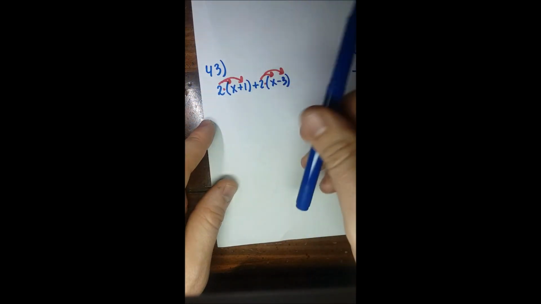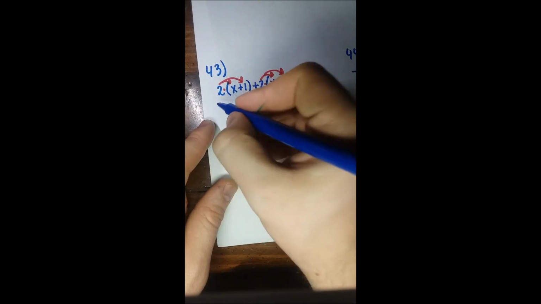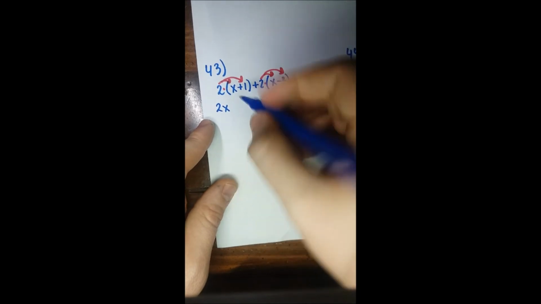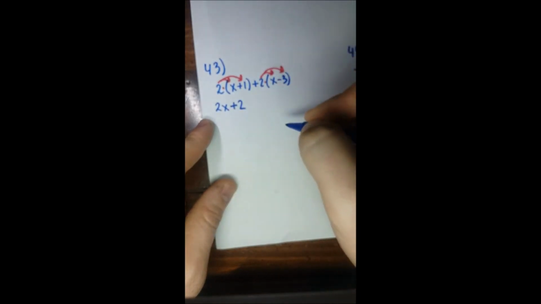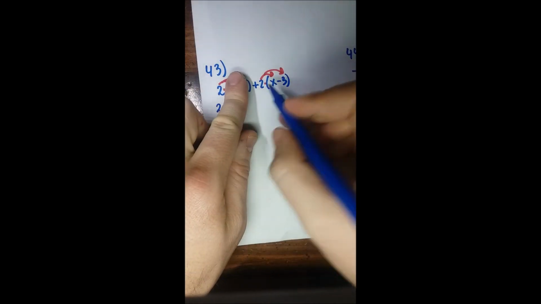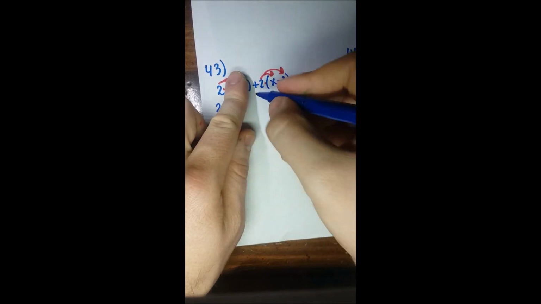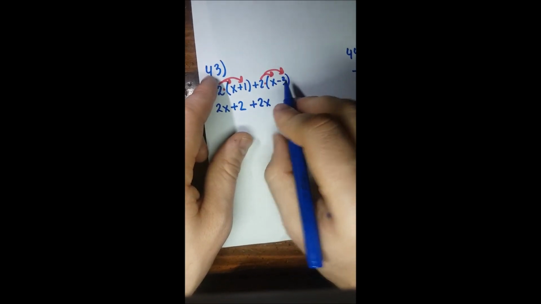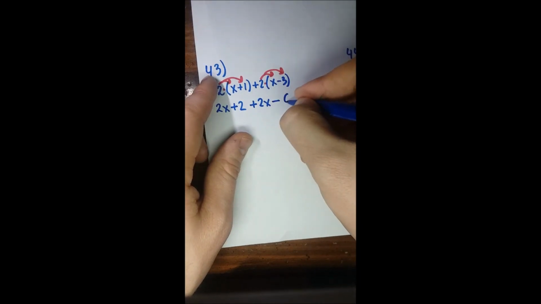That's it. So now guess what? 2 times x is 2x. 2 times +1 is +2. Done with this one. Again, 2 times x is +2x. 2 times -3 is -6.